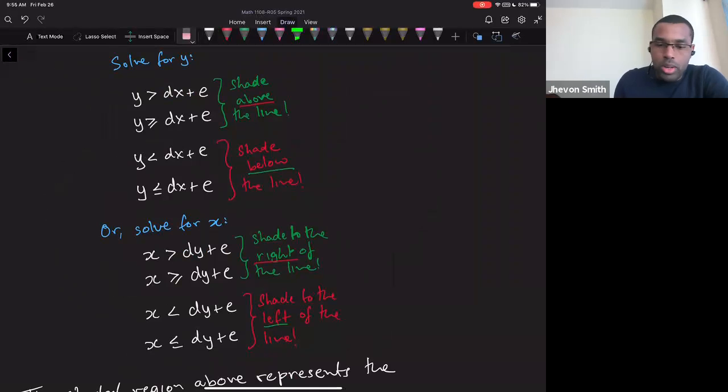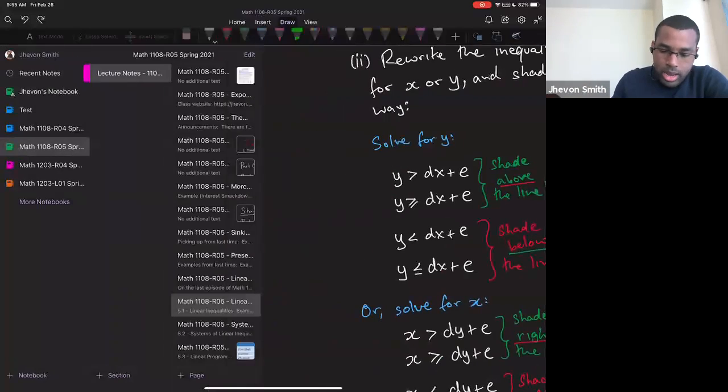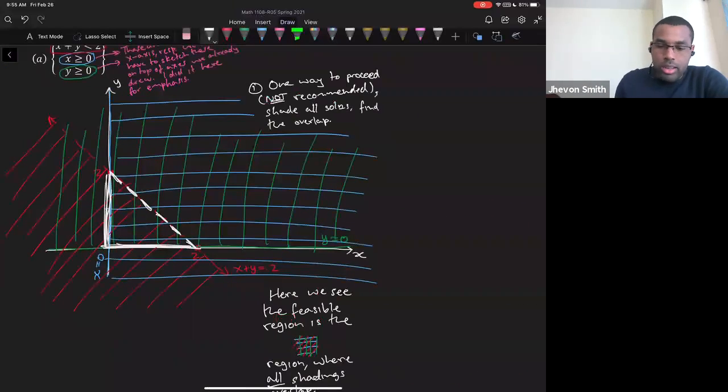So for example, we had y greater than or equal to 0. That looks like this part, which means I want to shade above the y greater than or equal to 0 line, which is why I shaded the green going above, right?